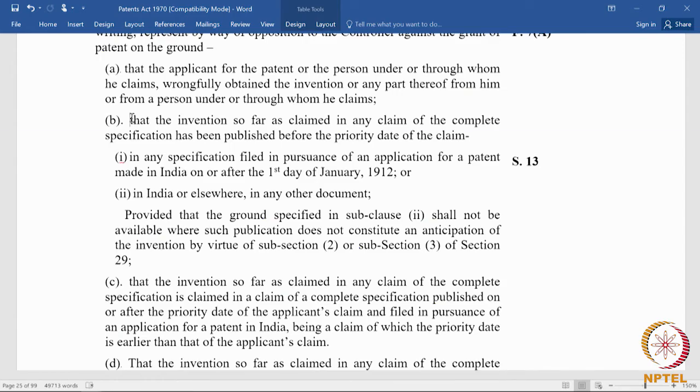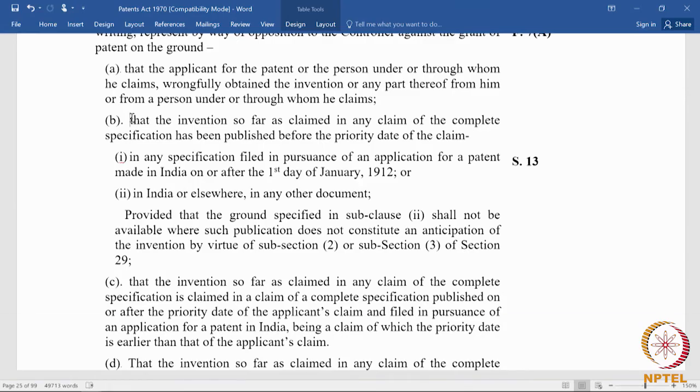B is a ground of anticipation. You can also call it a ground of lack of novelty. There are 4 types of lack of novelty. We will discuss that in detail. This anticipation by a prior published document is one type of lack of novelty challenge. So, B1 simply says any document filed in India, that is since 1912, can be used to challenge the claim of an application.